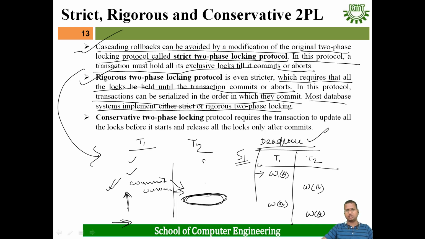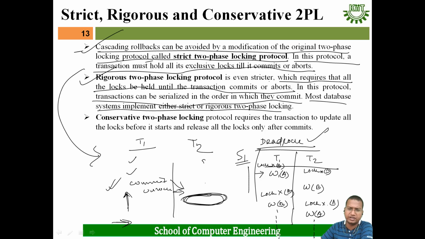Then it will apply lock X on A, then lock X on B. Similarly, T2 will apply lock X on B, and then lock X on A. In this case, what happens? After that several instructions are there in T1 and in T2.